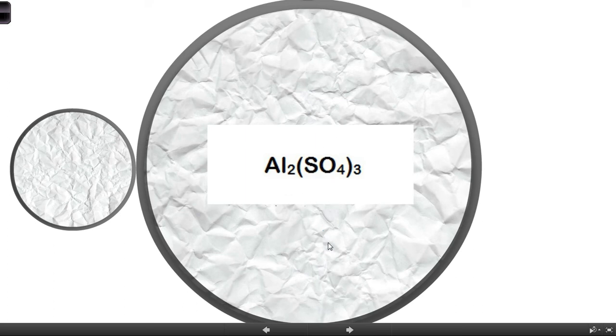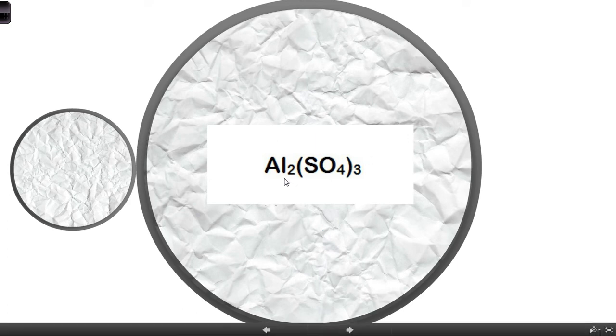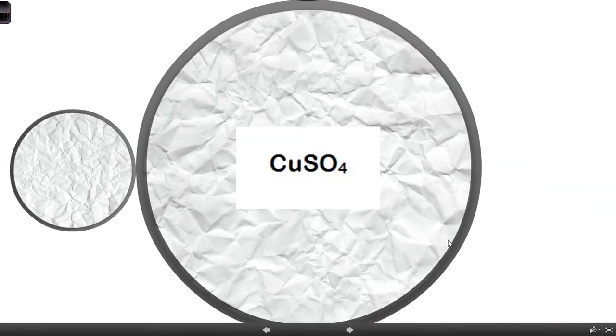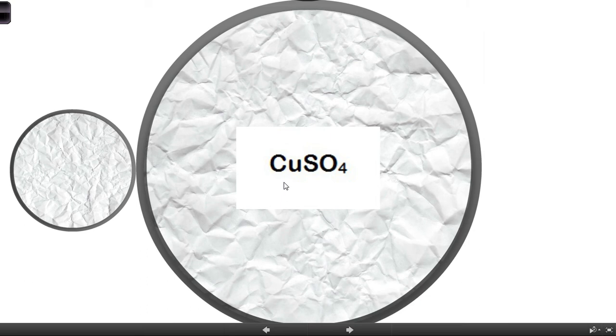Aluminium sulfate. Now the numbers in brackets, you can ignore all of that. With the naming, it's just a matter of what elements are in there. How about this one? Cu is copper, and we did the other bit before, so sulfur and oxygen: copper sulfate.